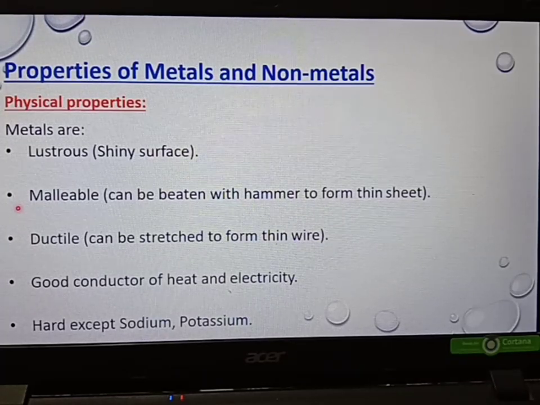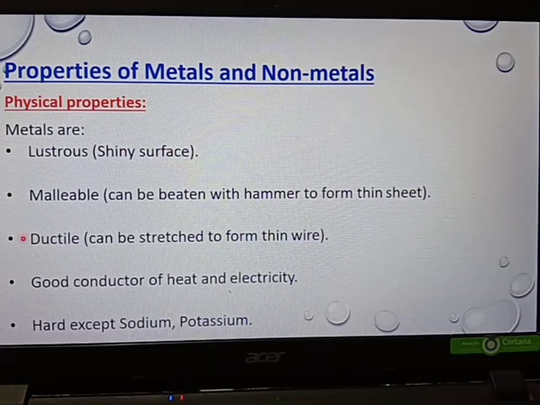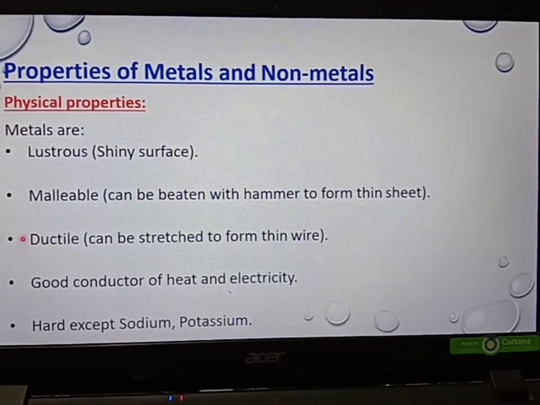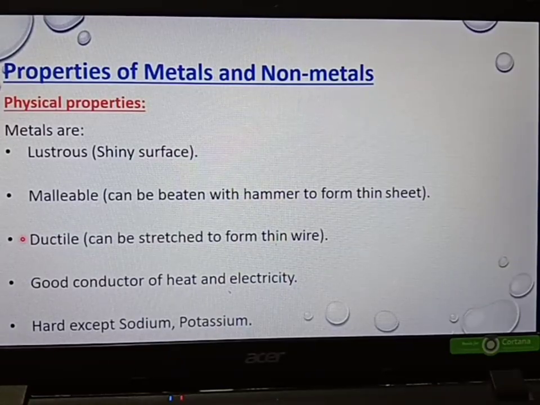Now, third physical property, ductility, or metals are ductile. Again, metals like copper, magnesium, iron are very much available in the form of wires. The property which allows the metals to be drawn into thin wires is called ductility.